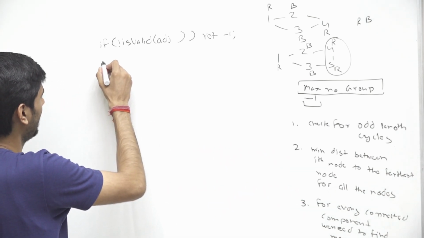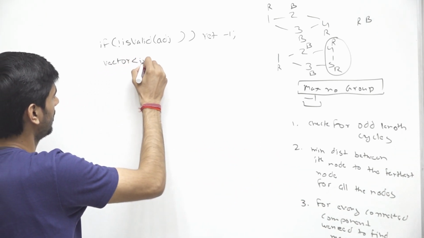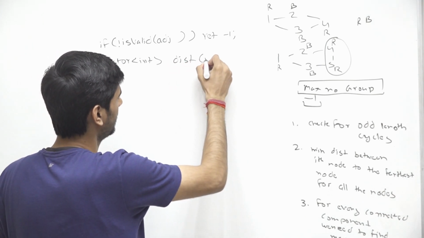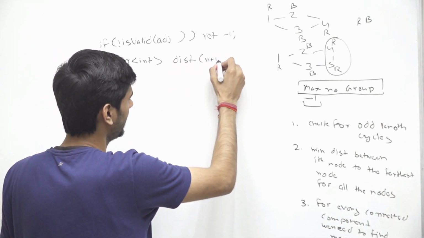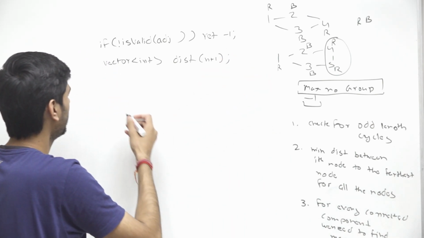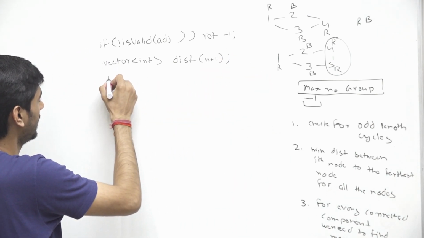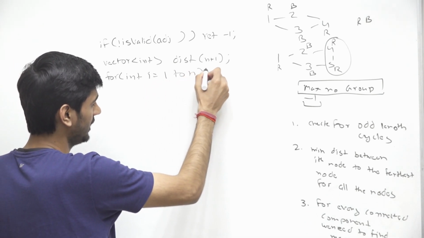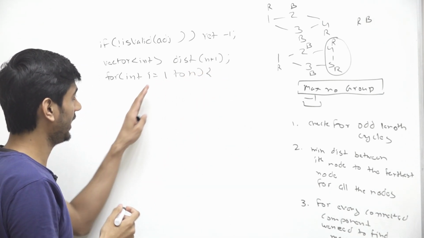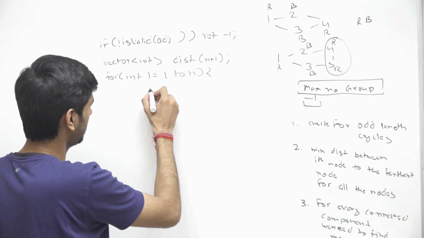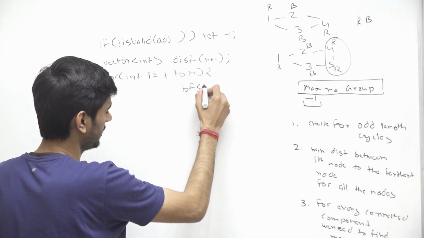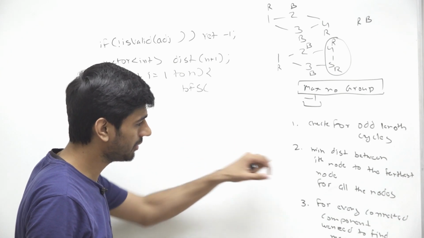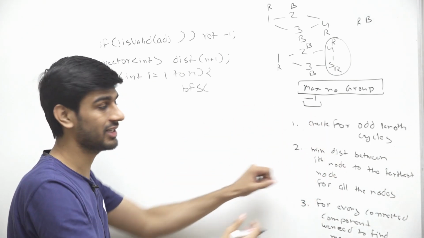So now let's have a vector in which we will store the distances. It should have a size of n+1, and we do not need to initialize it to anything. Now we can run a loop starting from 1 till n, and for every node we can call a BFS function, which will return the maximum distance, or we can say the minimum distance, between that node and the farthest node.